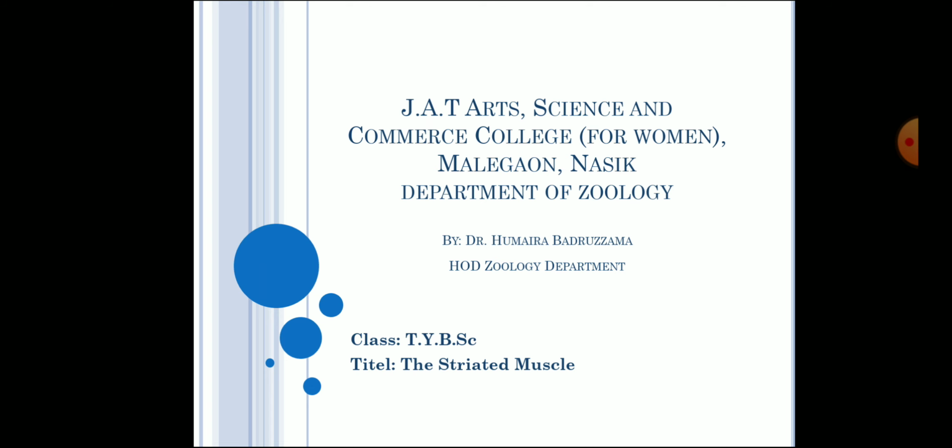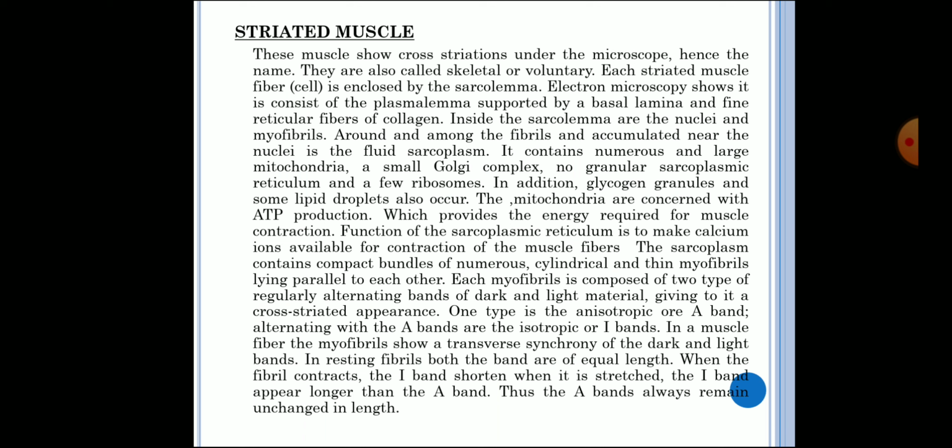These muscles show cross striation under the microscope, hence the name. They are also called skeletal or voluntary muscles. This tissue originates from embryonic myoblast of the mesoderm.